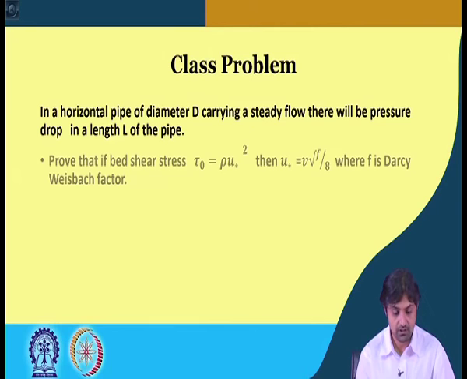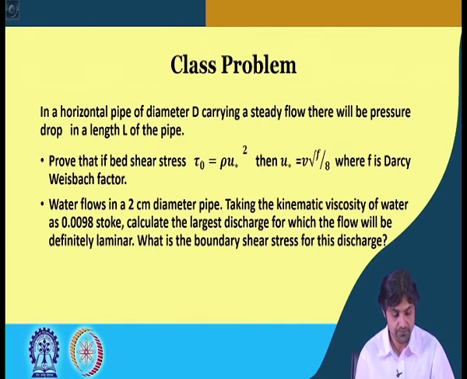Now there is another question. It says that in a horizontal pipe of diameter d, which is carrying a steady flow, there will be a pressure drop in a length L of the pipe. It says prove that if bed shear stress tau naught is equal to rho u star square, then u star can be written as V into under root f by 8, where f is Darcy-Weisbach friction. And then a question is given that water flows in a 2 centimeter diameter pipe.